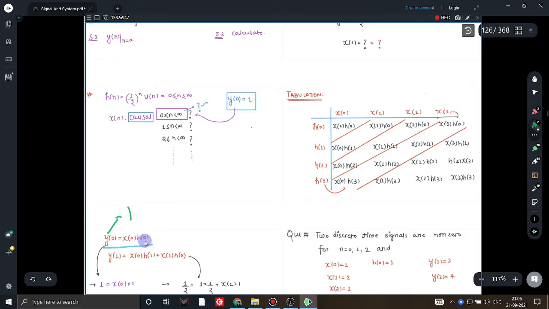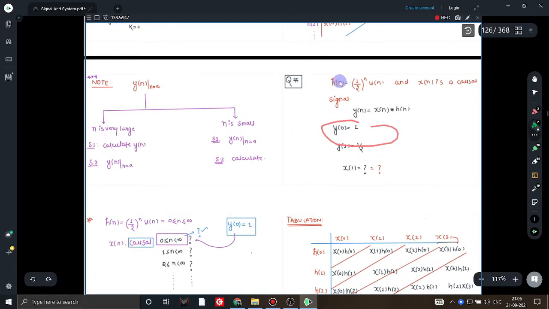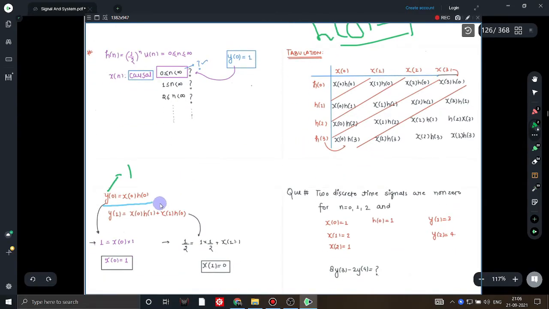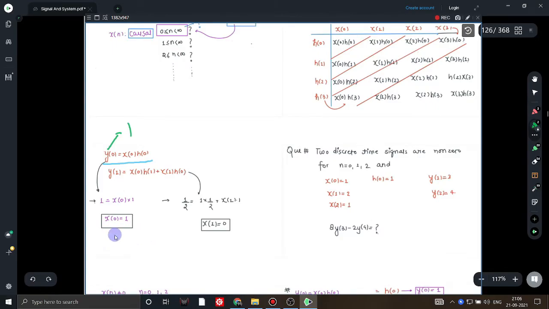We can find the value of h0 from the given equation. If we put n equal to 0, we get h0 equal to 1. So we put this value in this equation and we get the value of x0, that is 1.